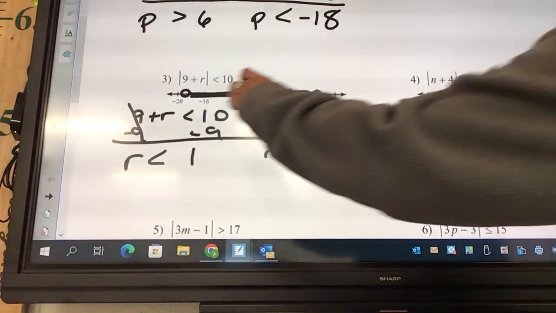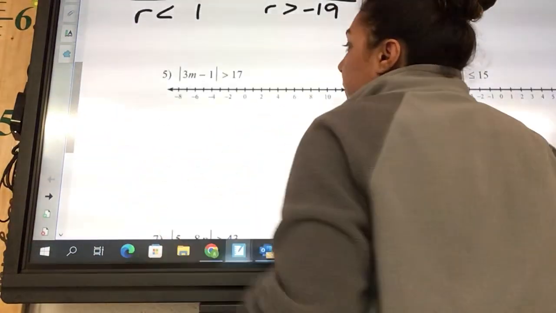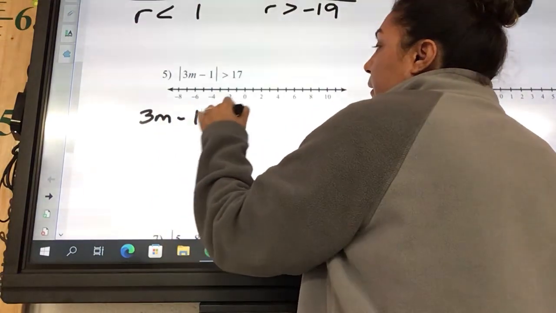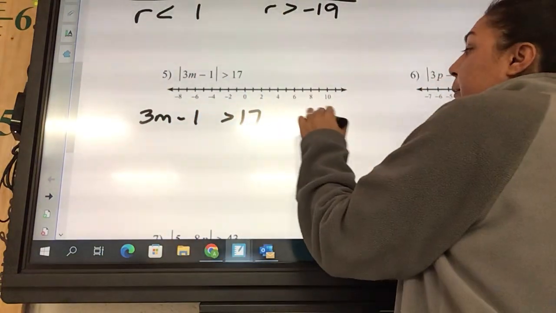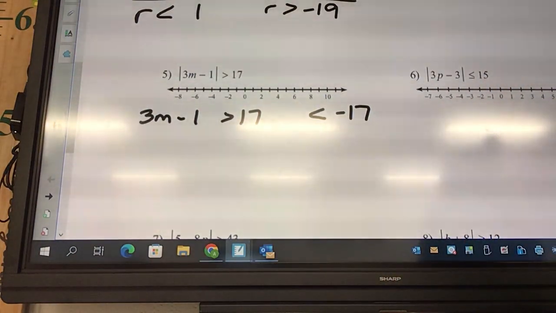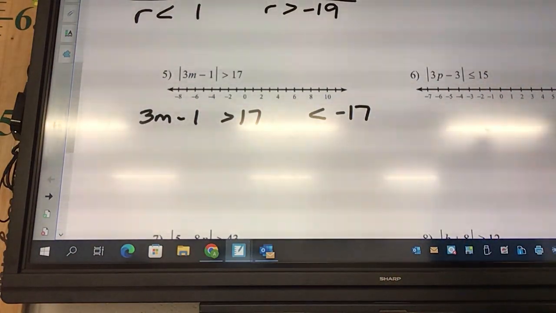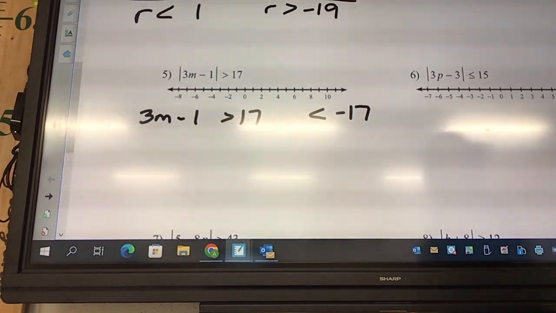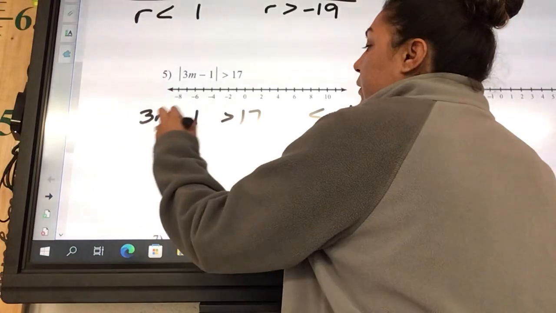Okay, 5. We're going to say comma, what? Okay, we got to flip our sign and make it a negative. Okay, what is our first step? What do we move first? Add 1. Okay, why do we do the 1 first?